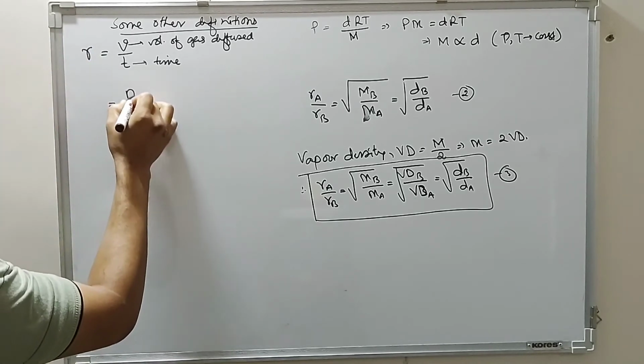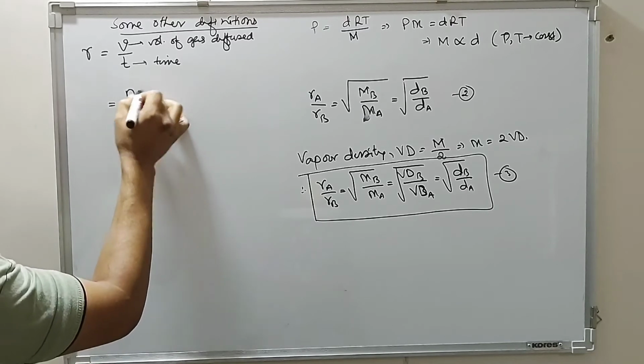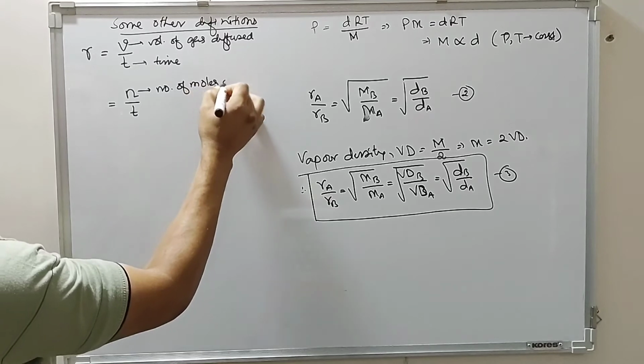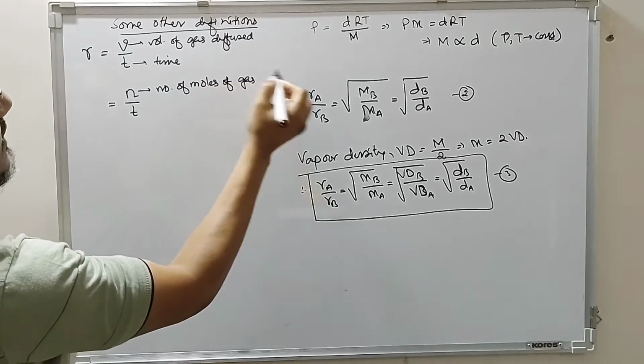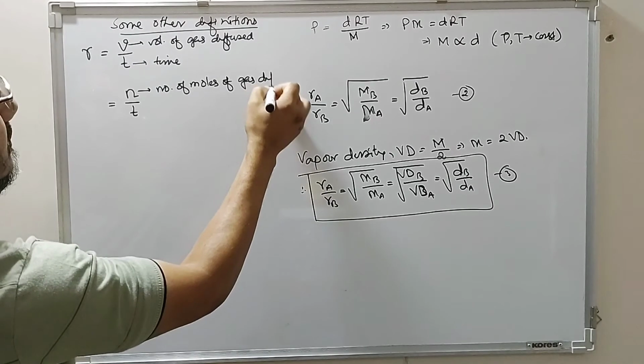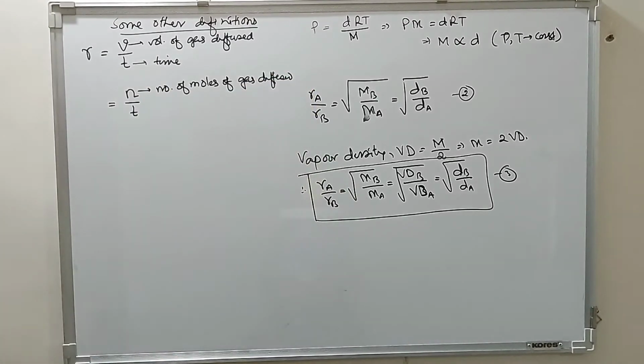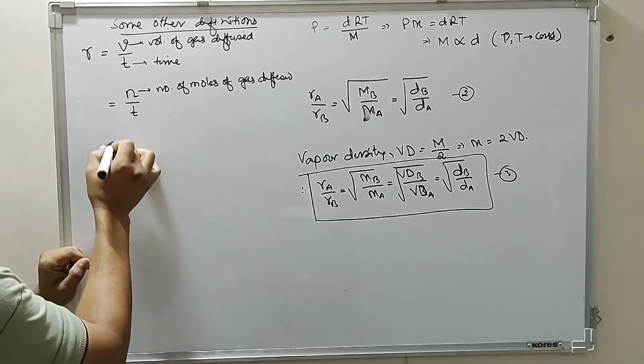This is also defined as n by t, where n is the number of moles of gas diffused. So the number of moles of gas diffused per unit time is also defined as the rate of diffusion.